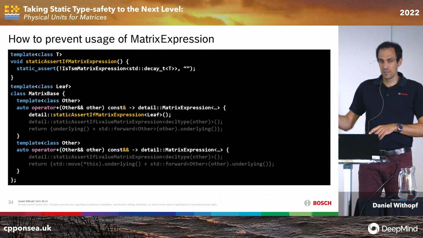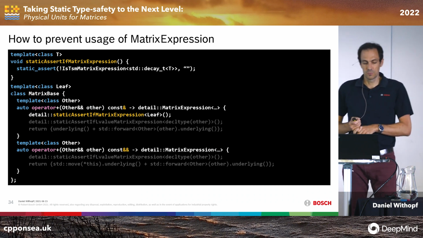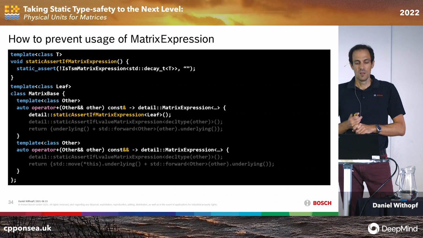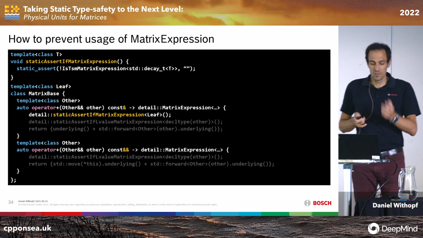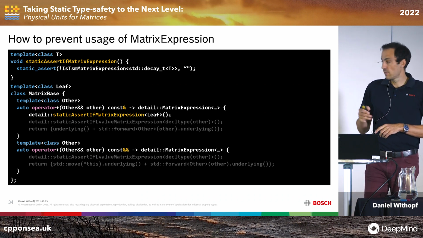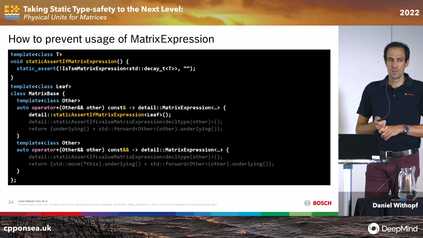And what has to be done then in the L-value reference qualified method, we simply check a static assertion that verifies that this is not a matrix expression. So if it would be a matrix expression in the L-value reference qualified method, the user gets a static assertion, because this is most likely causing a bug or can cause a bug.